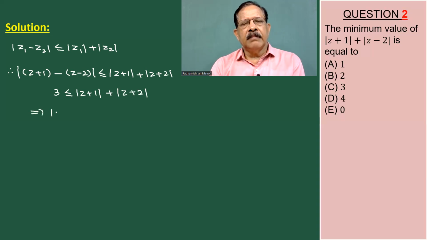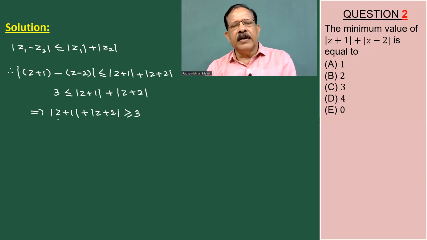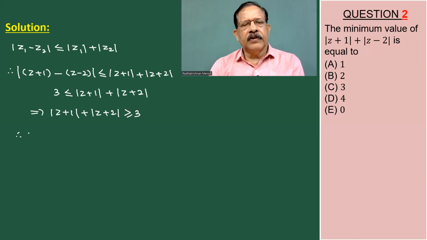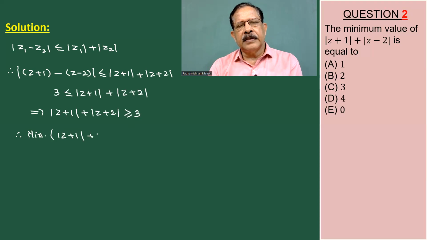Which implies mod (z plus 1) plus mod (z minus 2) is greater than or equal to 3. Therefore, the minimum value is 3. So the answer is option C.